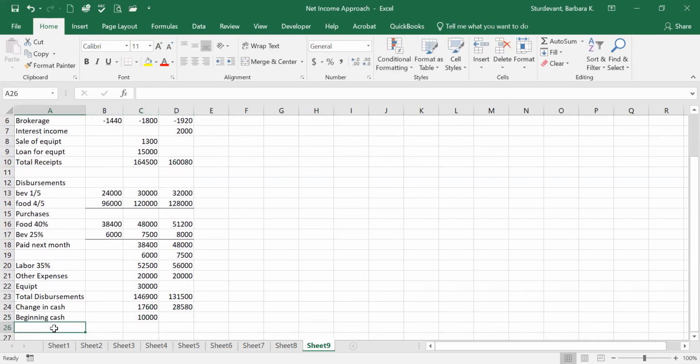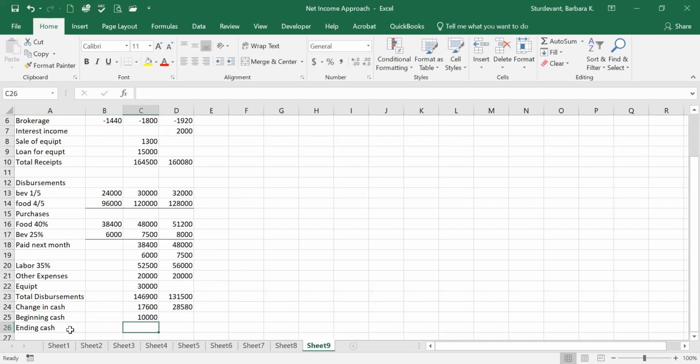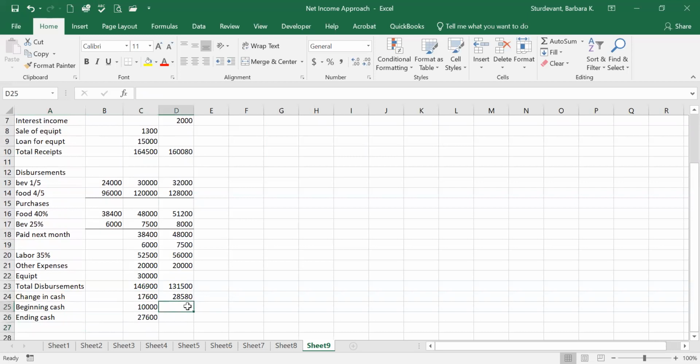Gives us our ending cash. Ending cash for January becomes beginning cash for February. There we go.